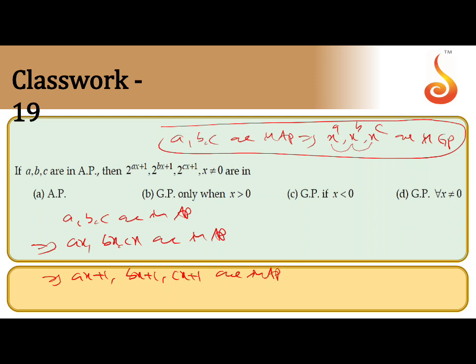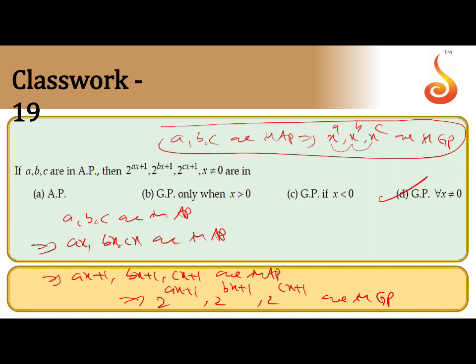So now these are in AP, and anything power these numbers forms a GP. So the answer will be GP with x not equal to 0. Here it is not given that x is greater than 0 or less than 0, so GP with x not equal to 0. Option D is correct. I hope you understand this one.